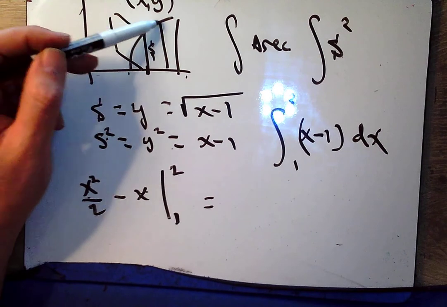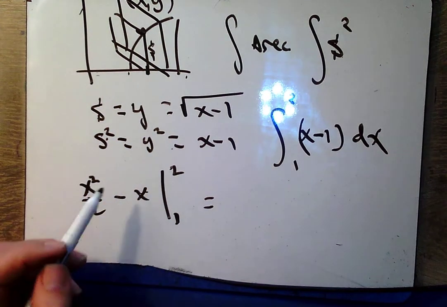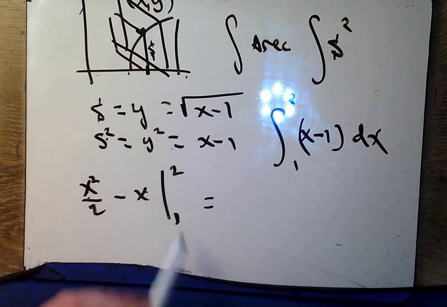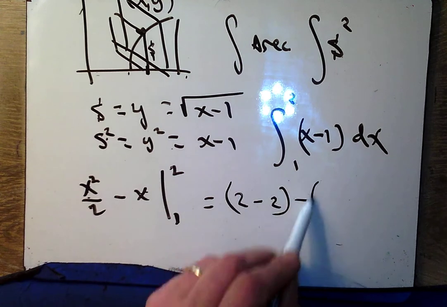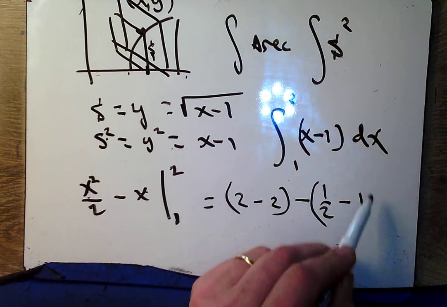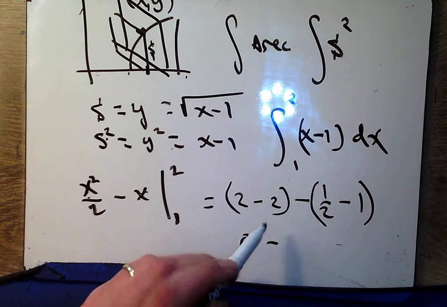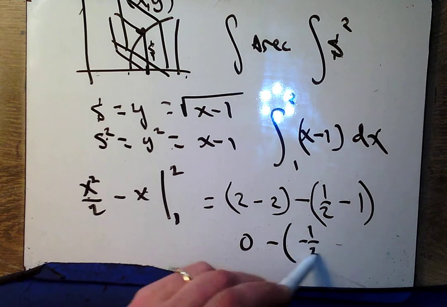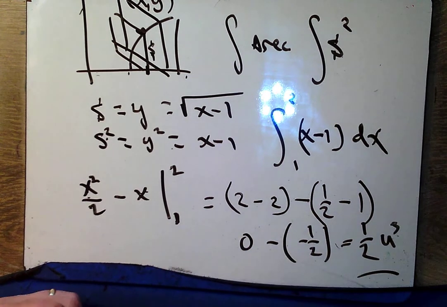We know this thing is going to have a volume. So let's actually plug both numbers in. Okay, so we have 2 minus 2 minus, now I'm plugging in a 1. 1/2 minus 1. So that's 0 minus negative 1/2, or positive 1/2 units cubed.